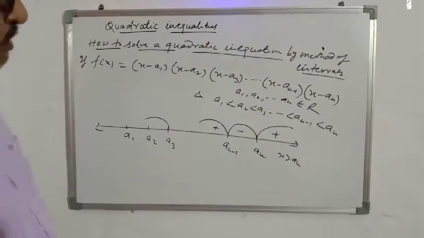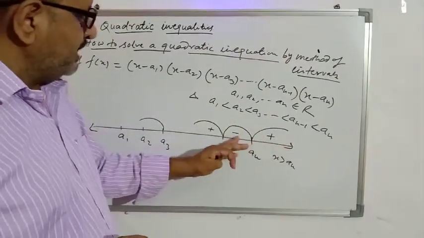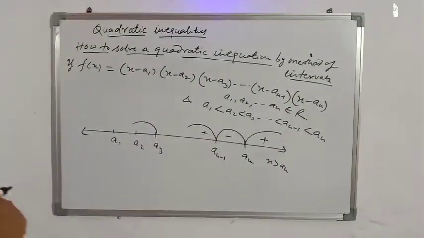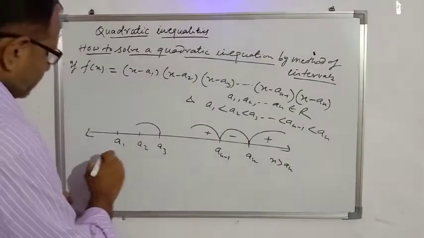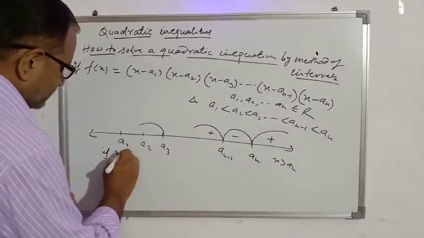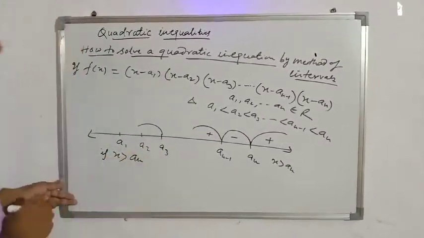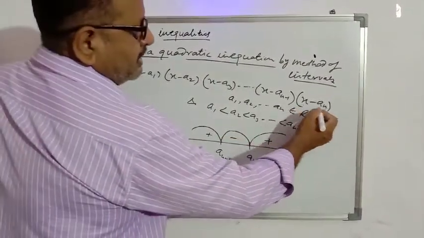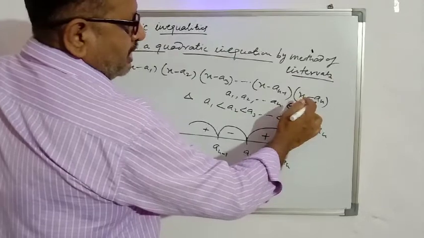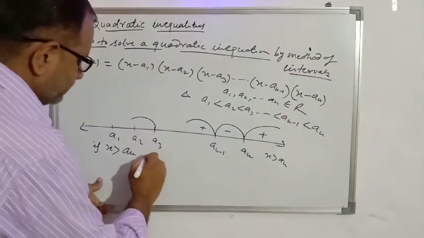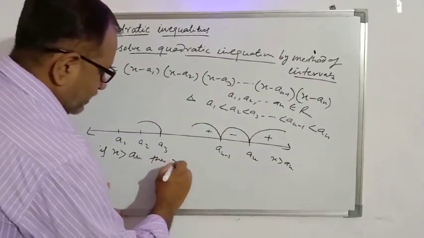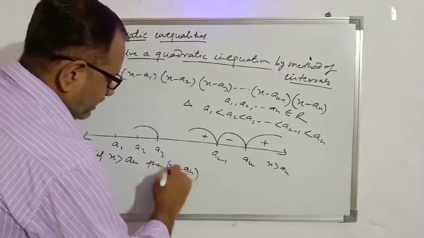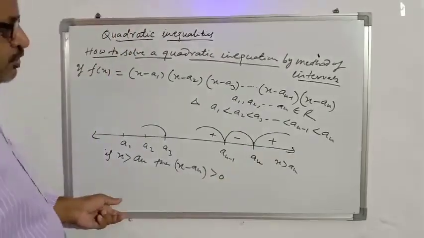Okay, so why we take here positive, then negative, then positive? So see here, if x greater than an, it means what? x minus an will be greater than 0, positive.